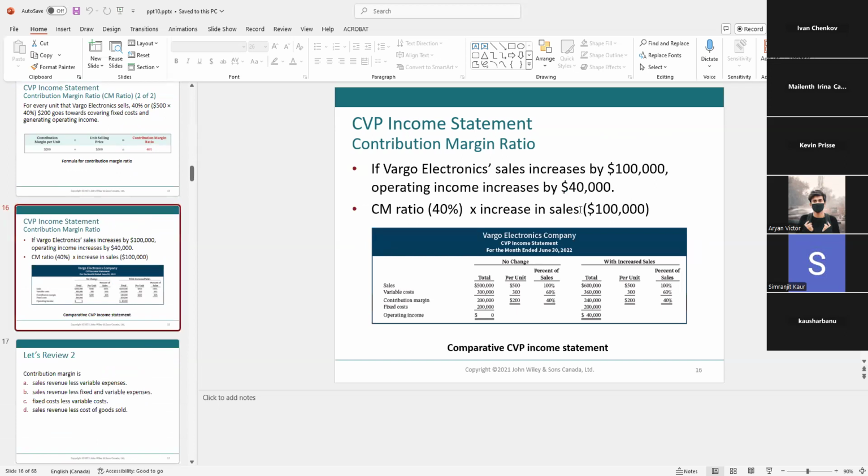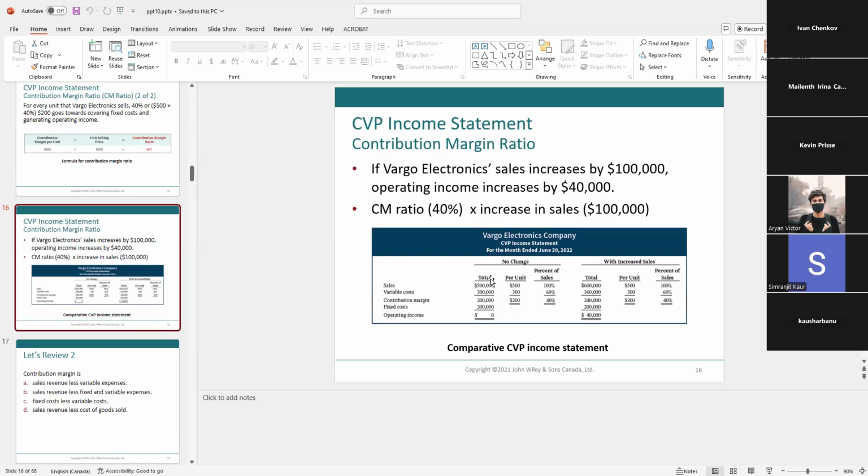So again, if we're generating those sales increased by $100,000, what will be the increase in the income? So let's say we are at the break-even when we're generating $500,000 in sales. 40% is $200,000, enough to cover the fixed cost.